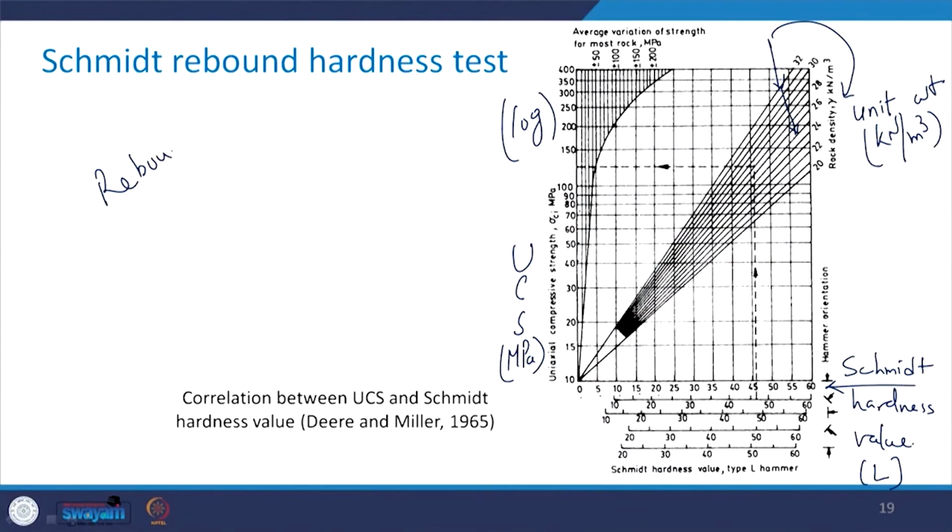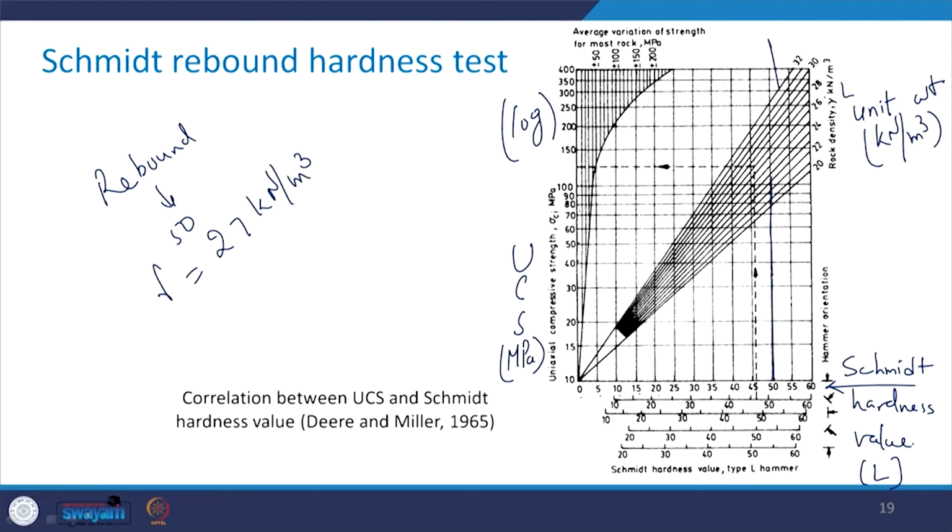Now, let us see how to read this chart. For example, say the rebound value comes out to be 50 and the unit weight of the rock is 27 kilonewton per meter cube. Read 50 on this scale. You follow the pen. See here, I will take it to this.